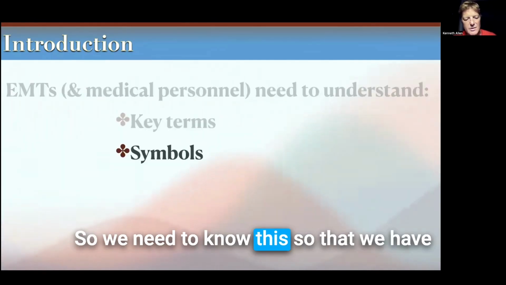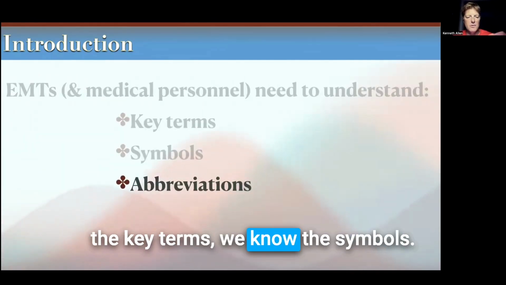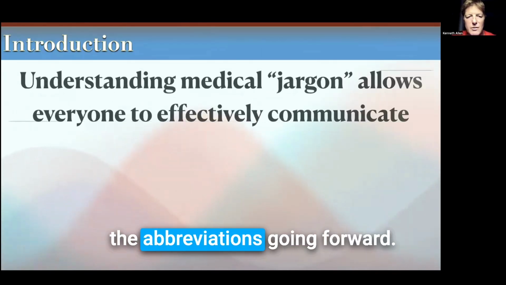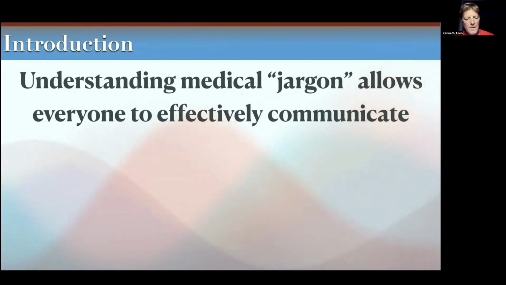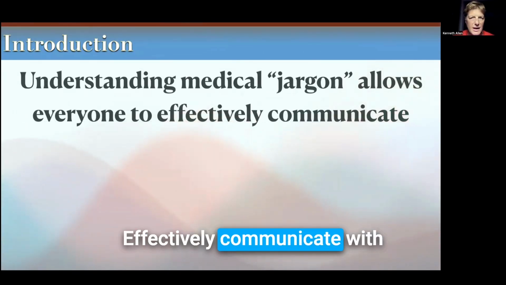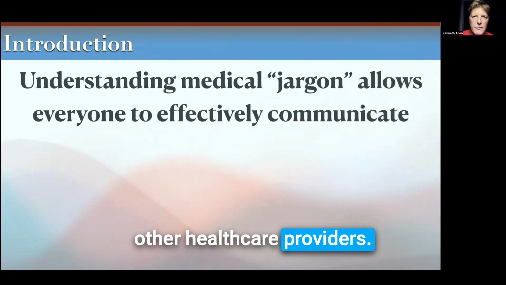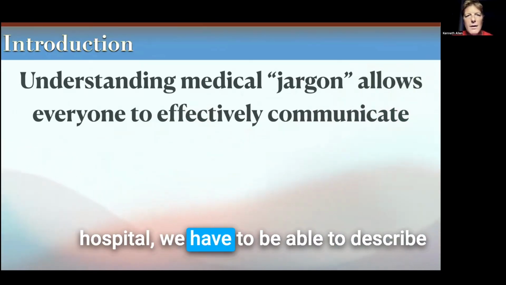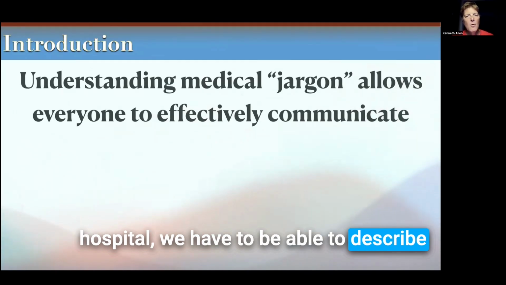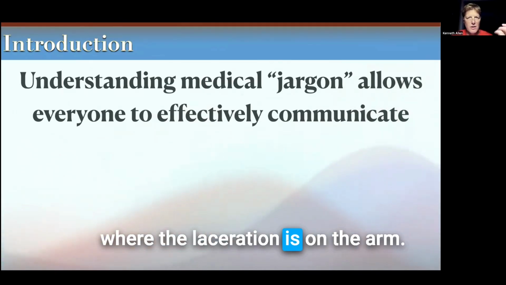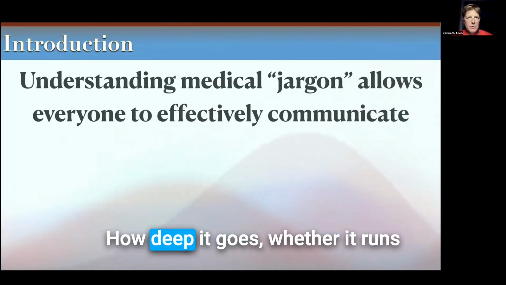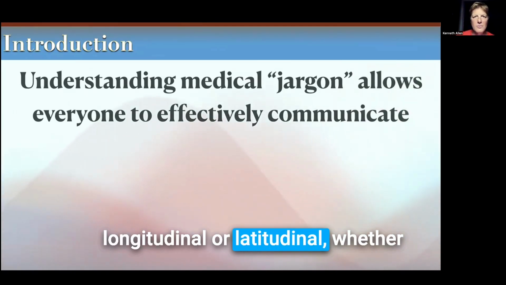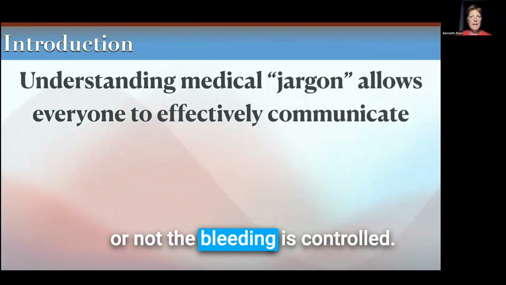So we need to know this so that we have the key terms, we know the symbols, we can abbreviate and understand the abbreviations going forward, and effectively communicate with other healthcare providers when we bring our patients into the hospital. We have to be able to describe where the laceration is on the arm, how deep it goes, whether it runs longitudinal or latitudinal, whether or not the bleeding is controlled.